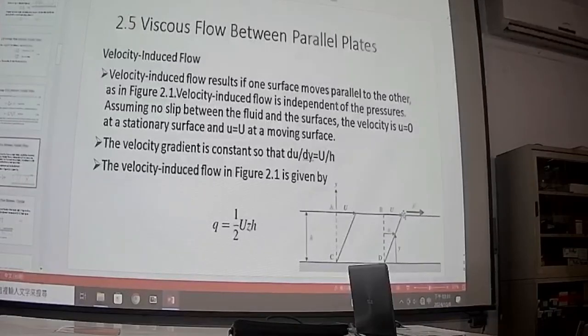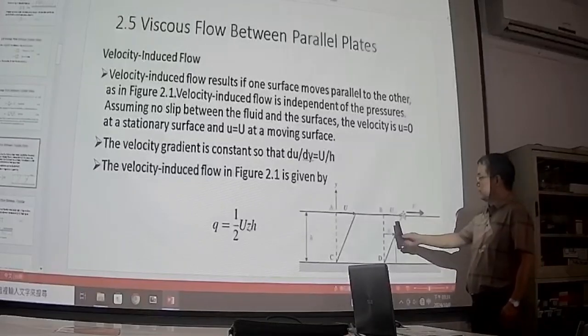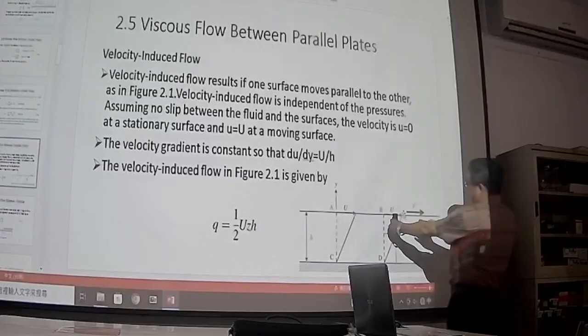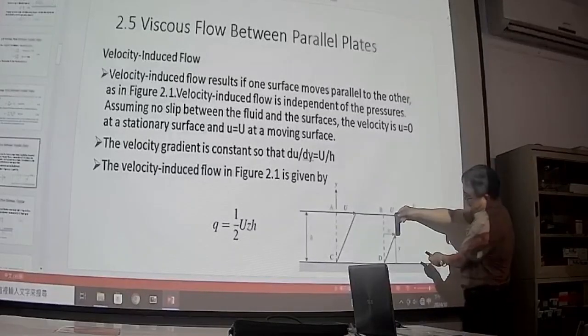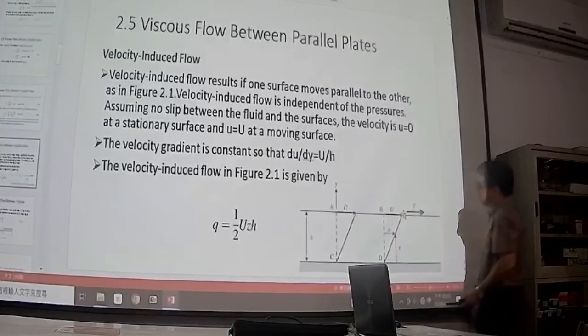Or you can think of the average velocity: you can cut this one and move this one to here.